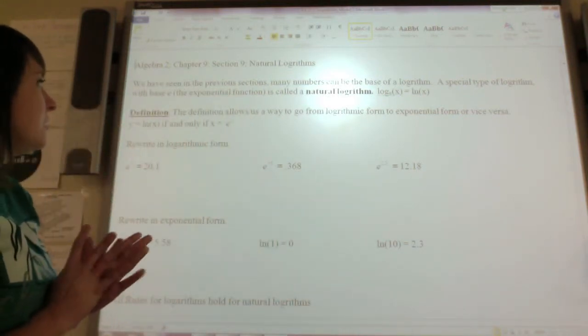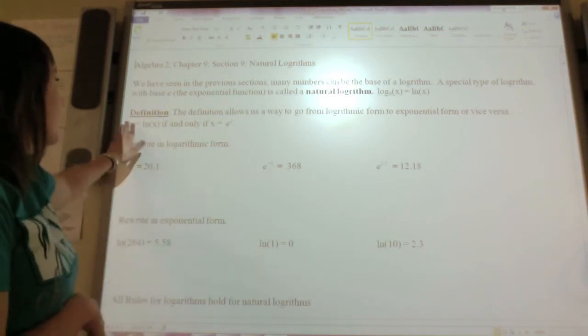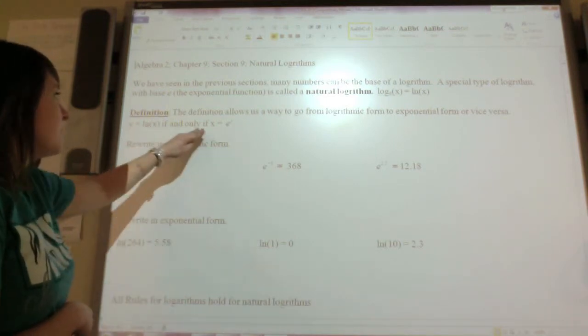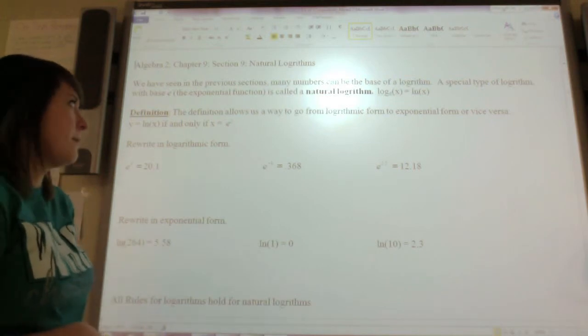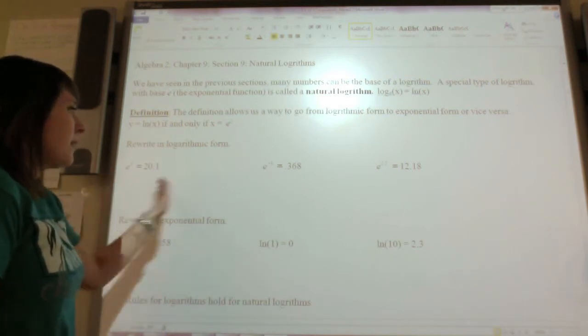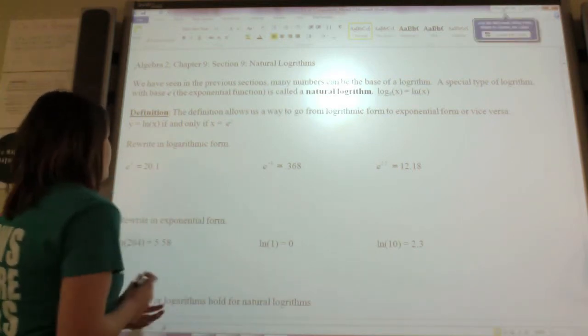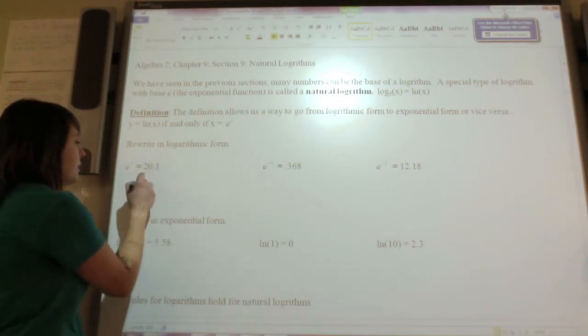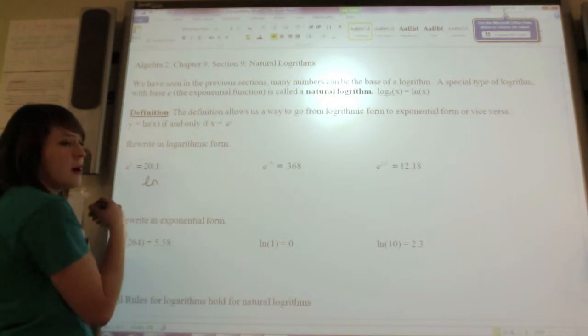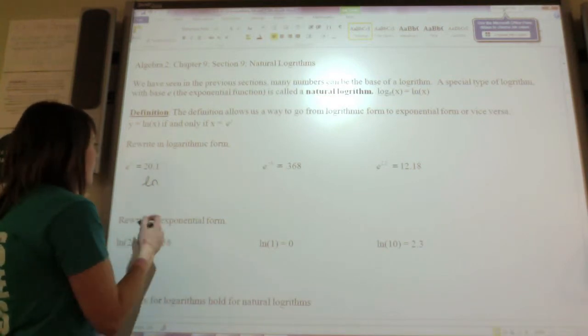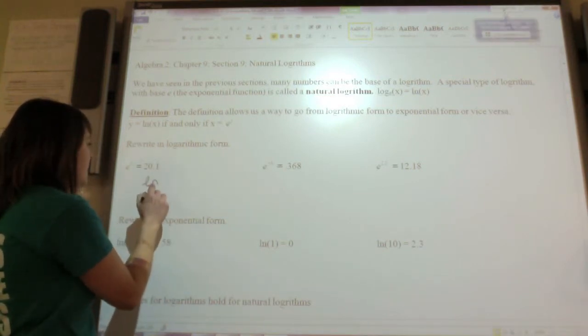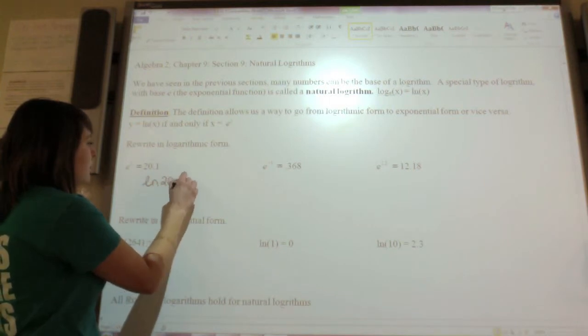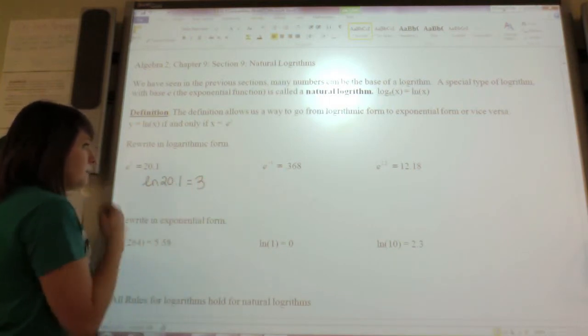By definition, we can say that y equals the natural log of x if and only if x equals e to the y. So if I want to rewrite these in logarithmic form, e to the third equals 20.1, I can just write that as the natural log, which has a base of e, of 20.1 equals 3.